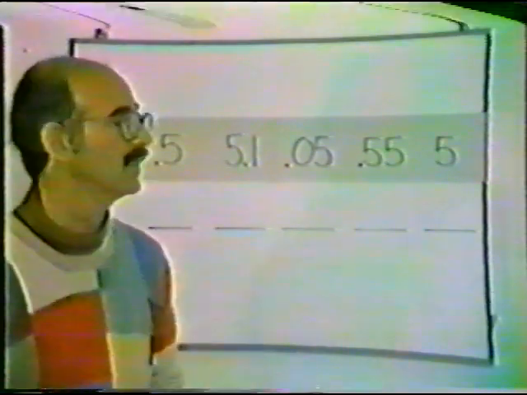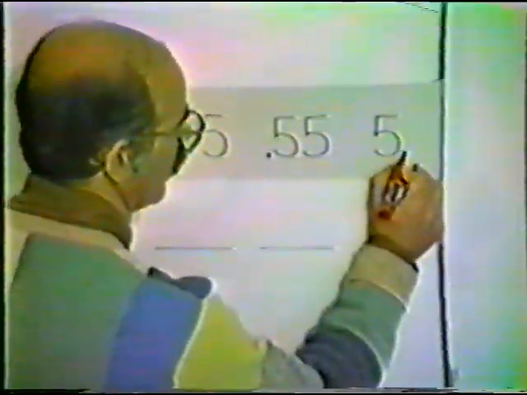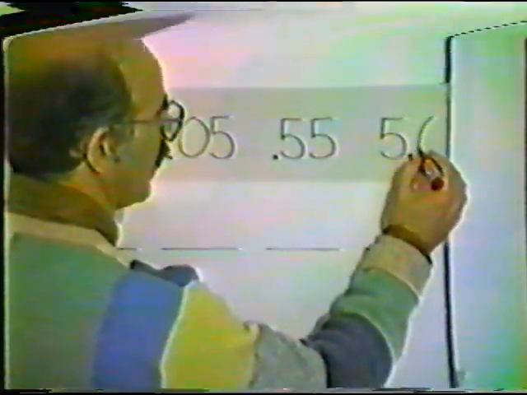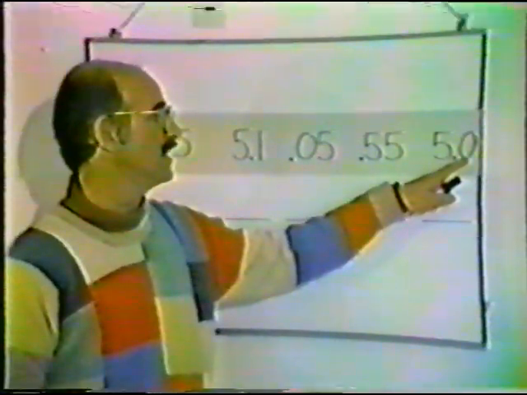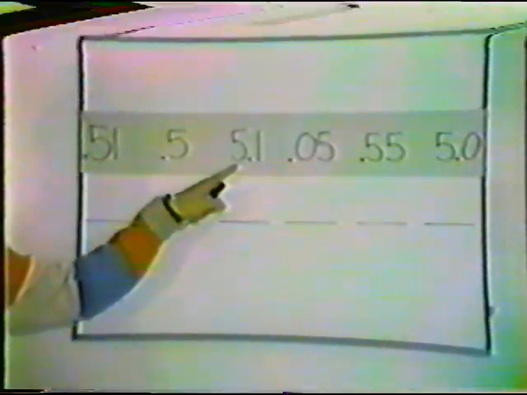On the right. Yes, on the right. I'm going to put a decimal point right there, and I'm going to add a 0. Now it says 5.0. This one says 5 1/10.